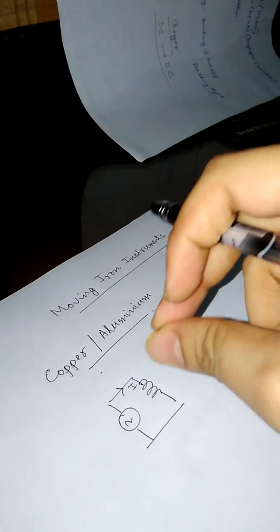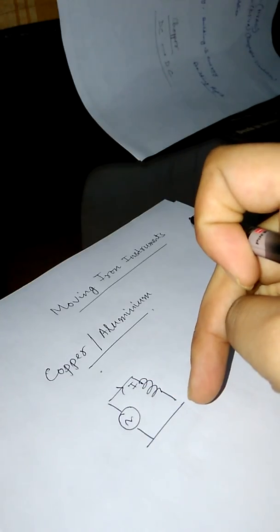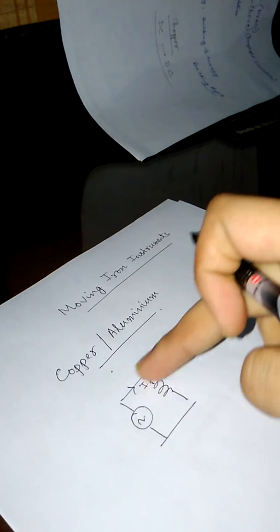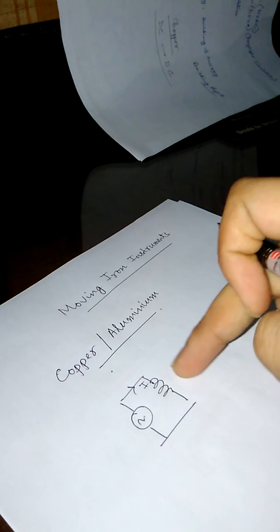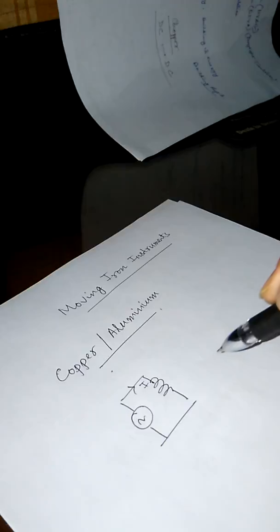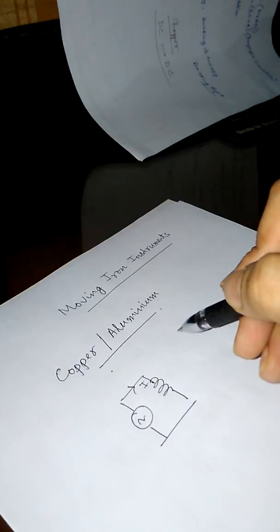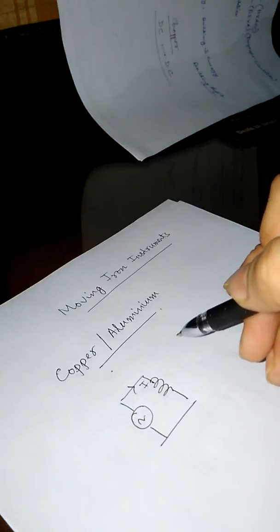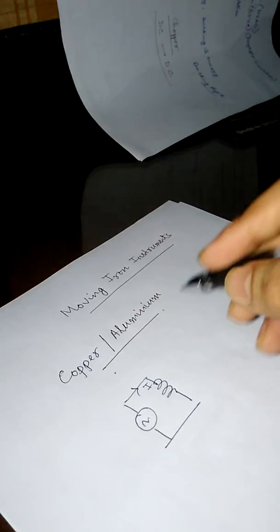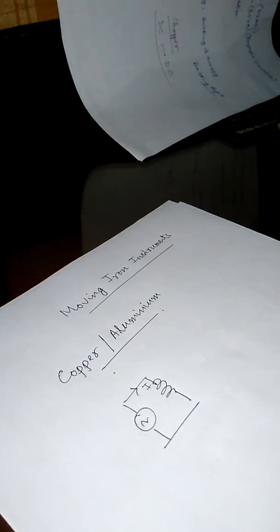So the amount of current going through this coil is very important, because the amount of electromagnetism that grows depends on it. The piece of iron is attracted towards the solenoid, towards the magnet, and by that we can classify the moving iron instruments into two parts.